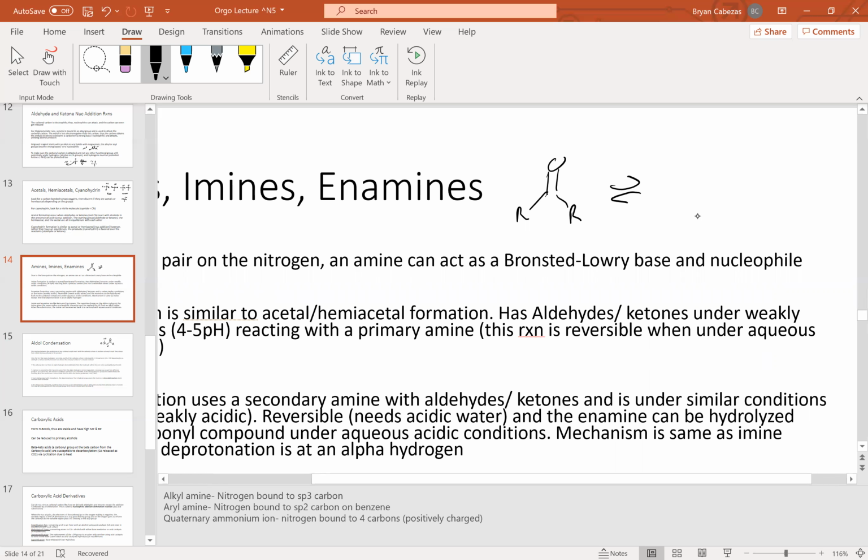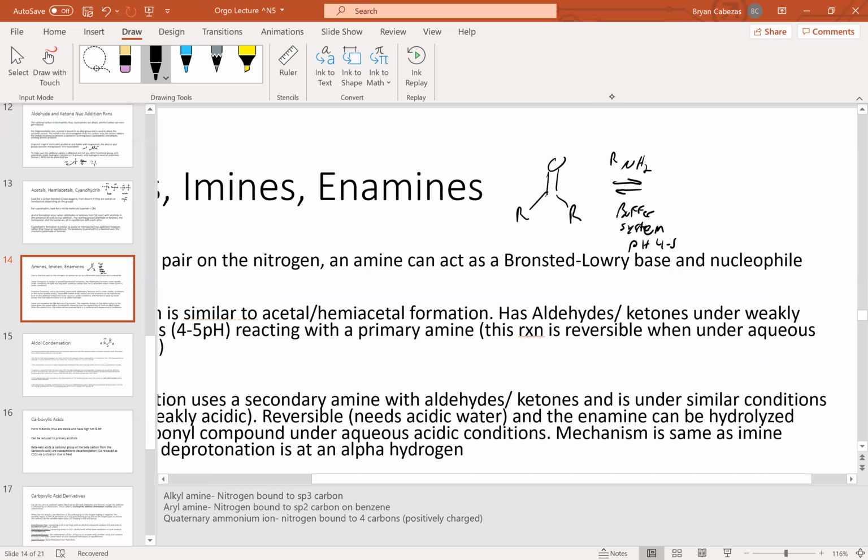What we're going to need is an acidic solution, a buffer system, at a low pH, usually around 4 to 5. Then you introduce your amine, say R, a primary amine with just one R group attached to it.